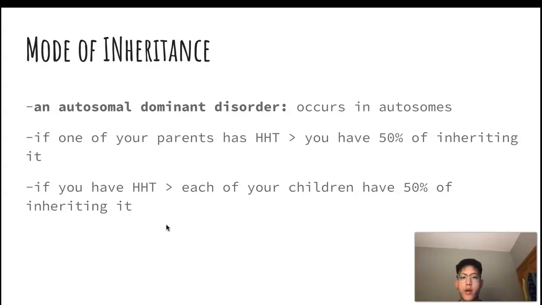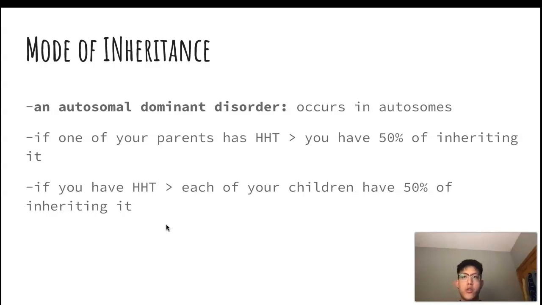So if one of your parents has HHT, you have a 50% chance of inheriting it. And following that logic, if you also have HHT, each of your children will have a 50% chance of inheriting it. HHT is an autosomal dominant disorder.